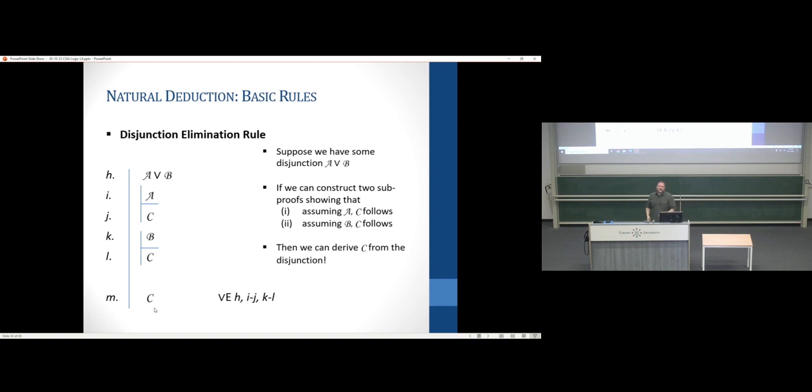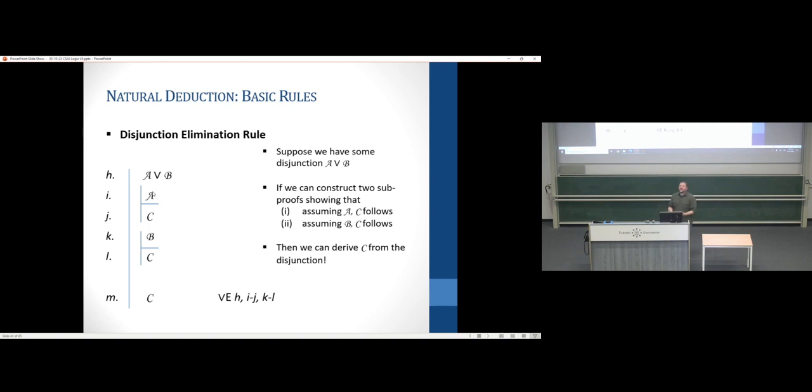That's the idea behind disjunction elimination. You take your disjunction, you have your two subproofs, one that shows you going one way to the destination, and the other that shows you the other way to the same destination. And then you know that the destination, that C, follows.